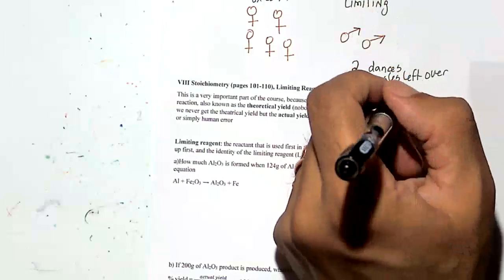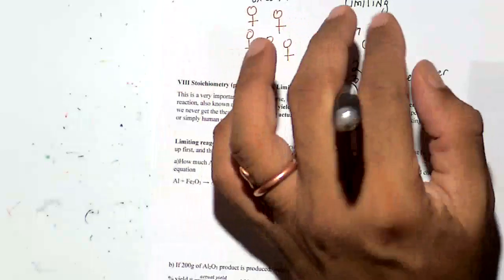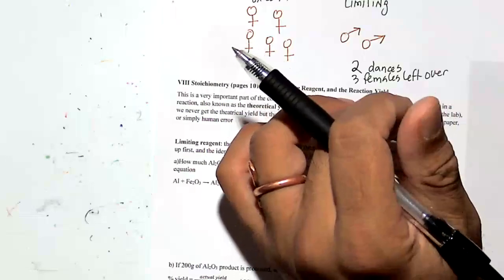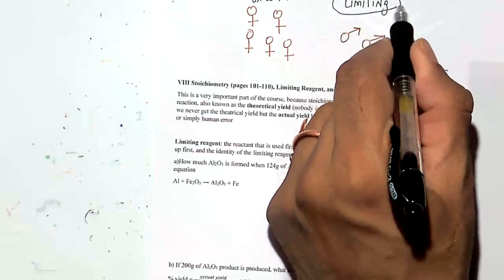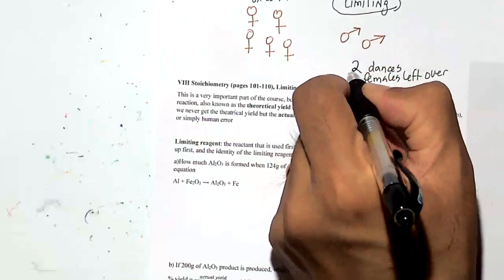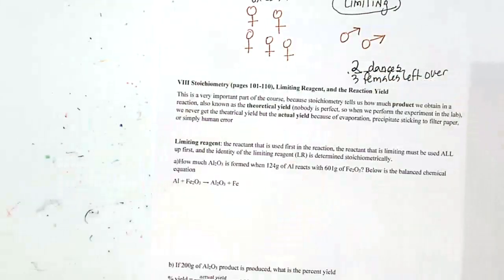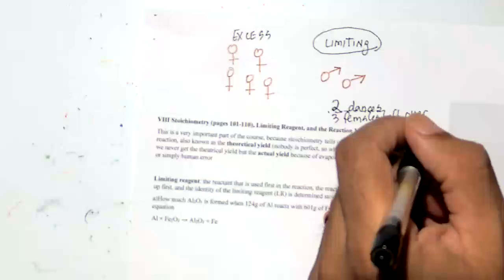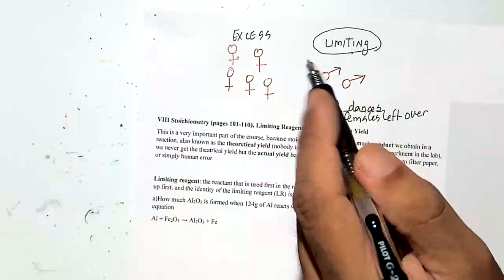The guys are used up, the guys are all gone. So in this way, the men determine how many dances you can have. You'll have 3 females without a partner. So men are limiting, females are in excess.